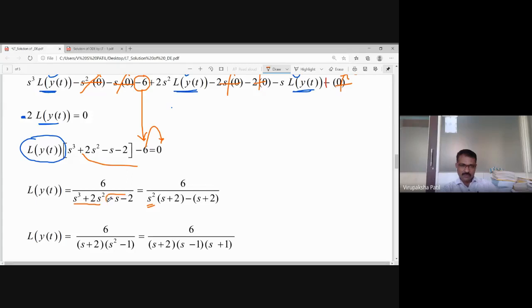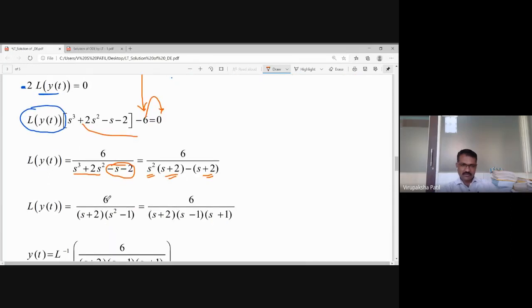Now you observe these two. We will take minus 1 common here, and you are left with s plus 2. Again, from these two terms, s plus 2 is the common factor. If you take s plus 2 as a common factor, it becomes 6 divided by s plus 2 into s square minus 1.